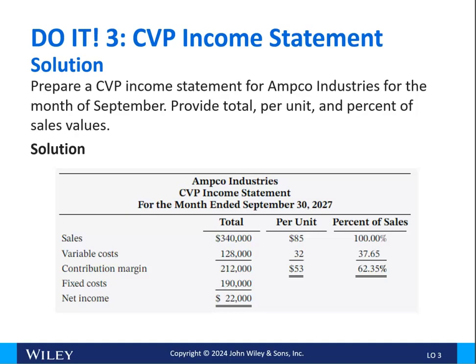Our contribution margin is $212,000, sales minus variable costs, and we have $53 per unit. Our contribution margin percentage is 62.35%. Fixed costs are $190,000, so our net income is $22,000.